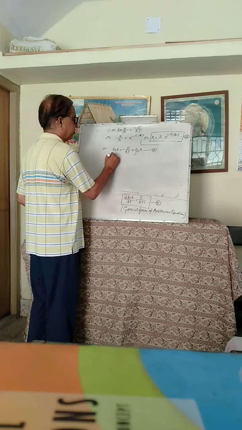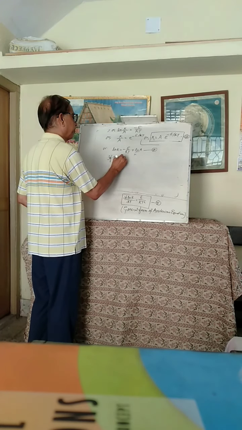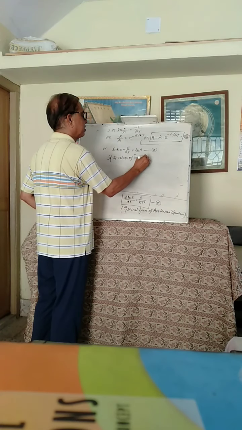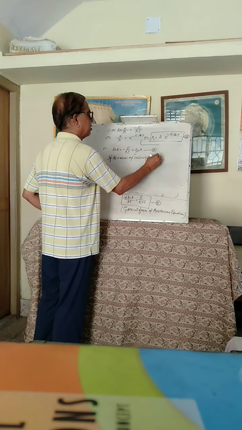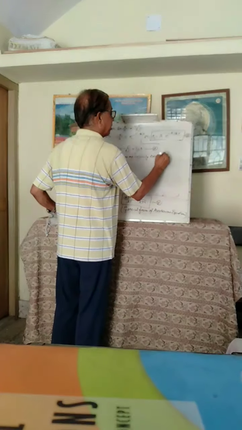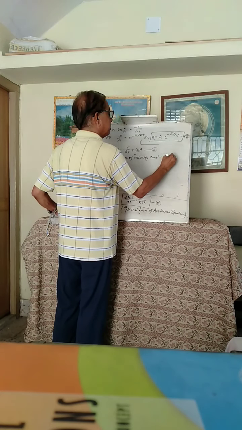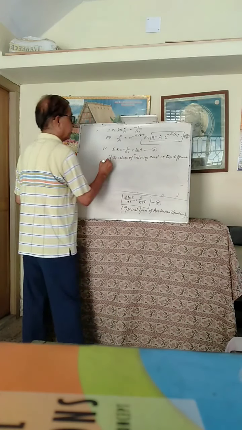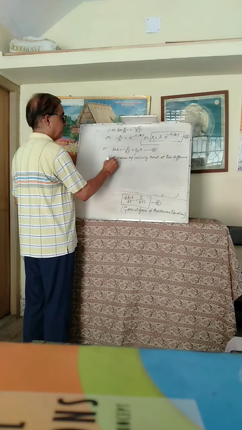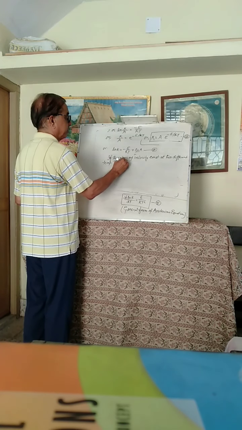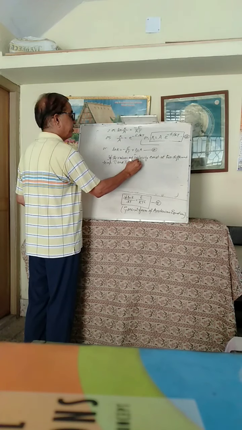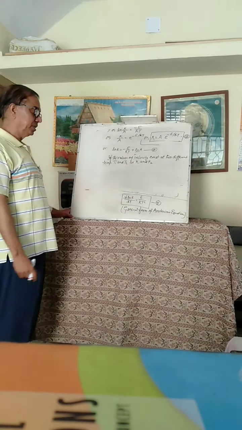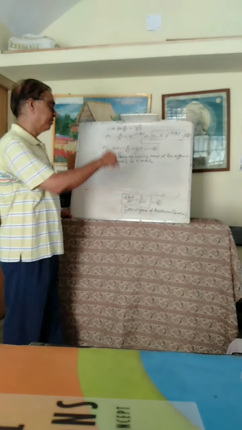If the values of the velocity constant at two different temperatures T1 and T2 are K1 and K2, then on the basis of equation number 5, we can determine the value of energy of activation.